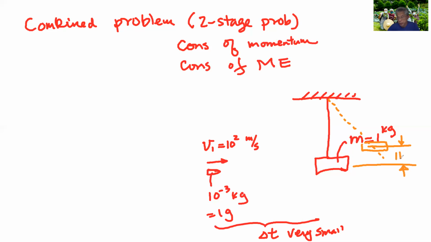So we're looking for this h is equal to what? So we know also that the bullet went through this and then it comes out. So I'm going to draw the bullet comes out and slows down, not a little bit. So the V1 prime, let's say, is equal to 10 meter per second. So it slowed down quite a bit.